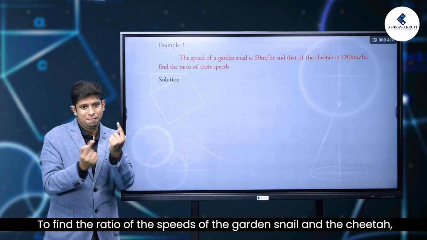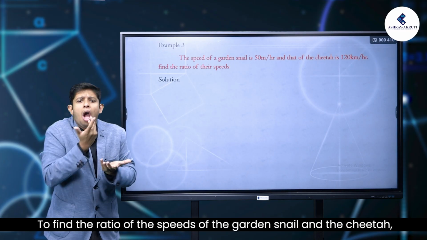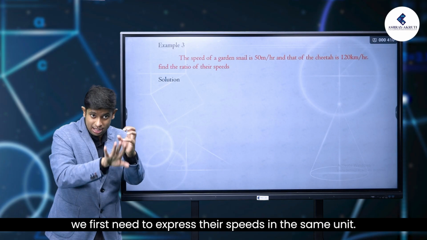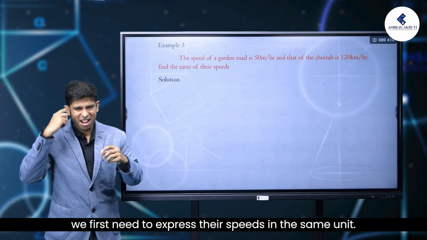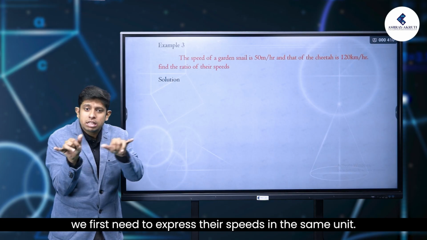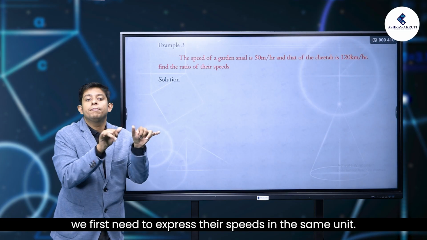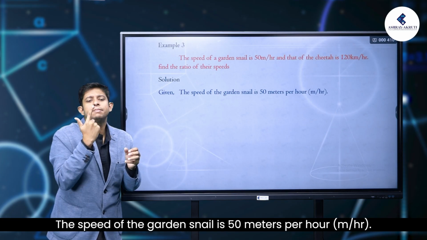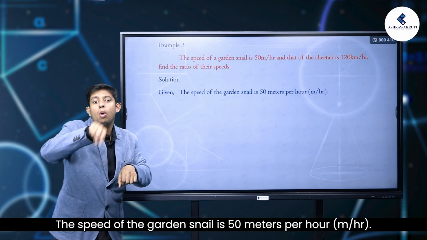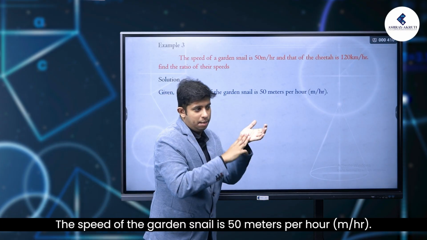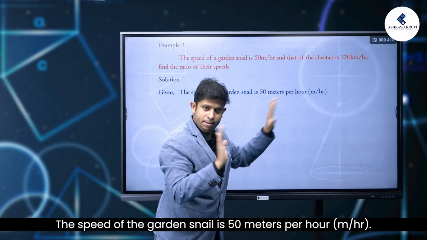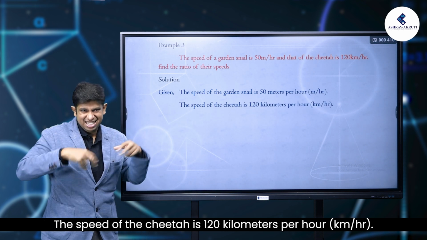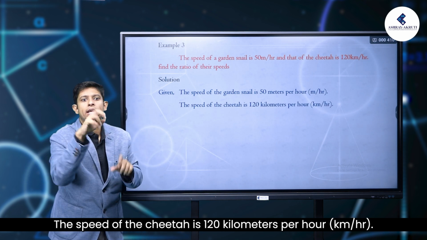To find the ratio of the speeds of the garden snail and the cheetah, we first need to express their speeds in the same unit. Given. The speed of the garden snail is 50 meters per hour. The speed of the cheetah is 120 kilometers per hour.